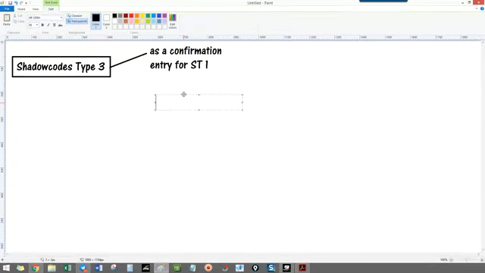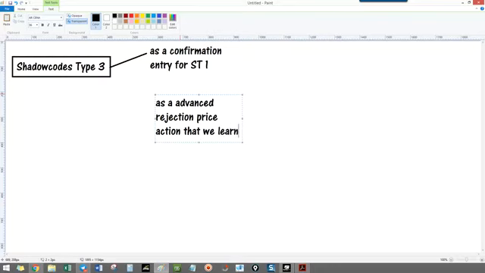And another one as an advanced rejection price action that we learned in chapter 2, also known as the three shadow of MPL.